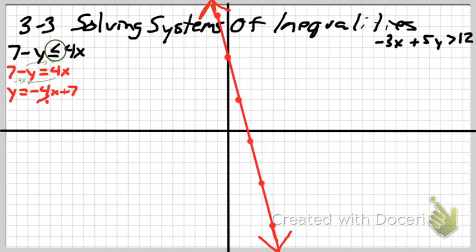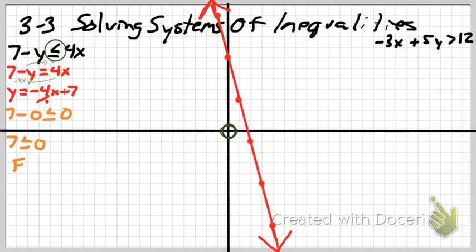So we're going to test 0, 0 to see which side of this line would be shaded. When I put in 0, 0 into the original inequality, I get 7 is less than 0. That's false. So our shading is going to be away from 0, 0.